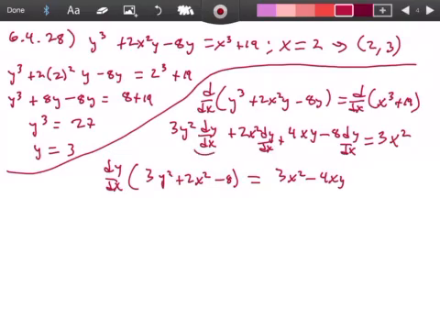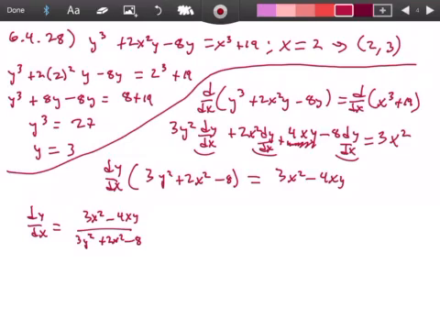Here I have combined the three terms that contained the dy dx, and I've factored the dy dx out, and then I've subtracted 4xy from both sides. This means dy dx will equal 3x squared minus 4xy over 3y squared plus 2x squared minus 8.